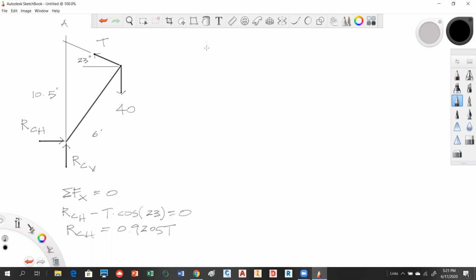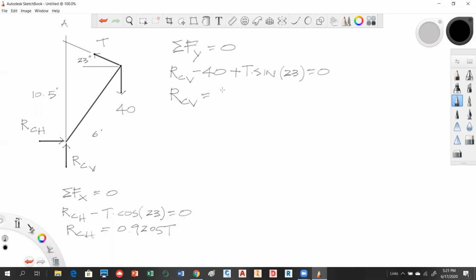So we'll come up here, we'll look at sum of forces in Y. So in Y, we're going to have RCV minus 40 plus the Y component of the tension cable, which is T sine 23. So we can simplify that a little bit, but not resolve it.